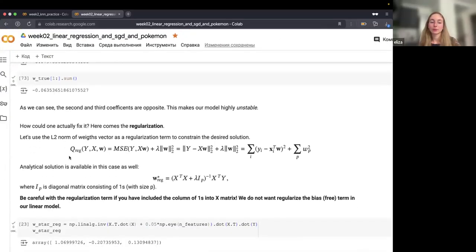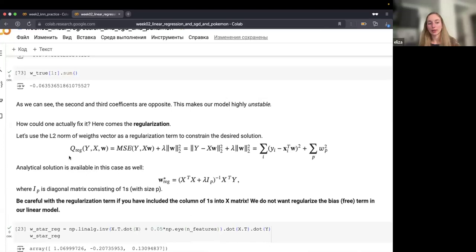You have L1 and L2 norm for regularization, and as I remember, we have some regularization function with the sum of L1 and L2.